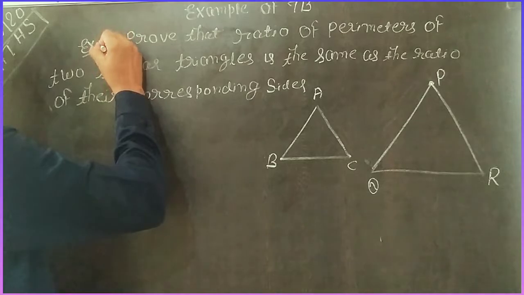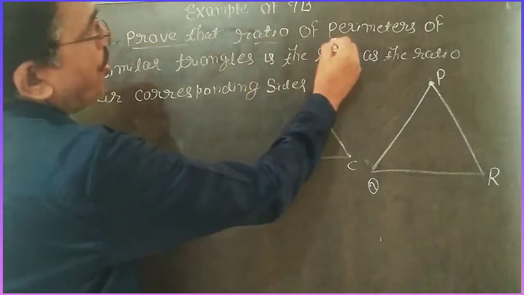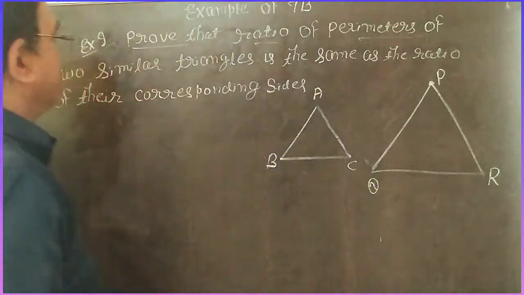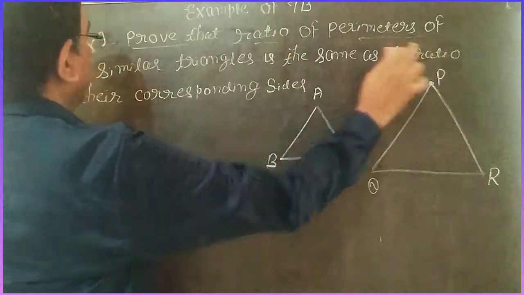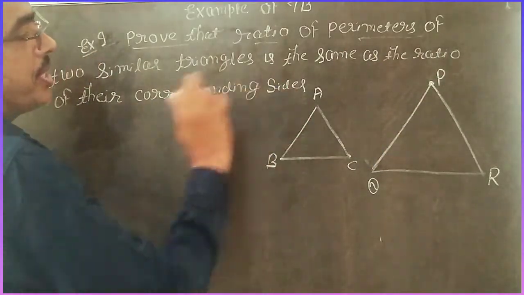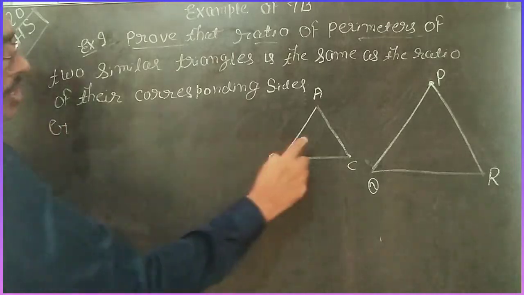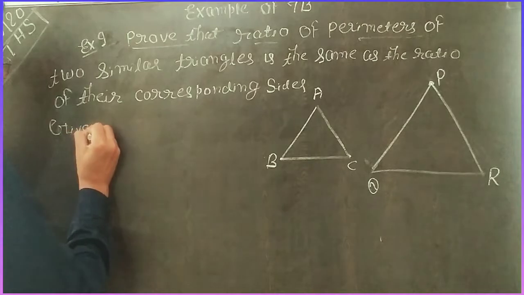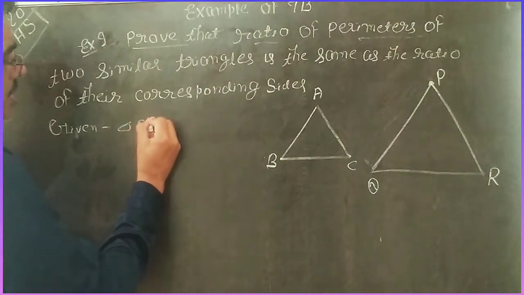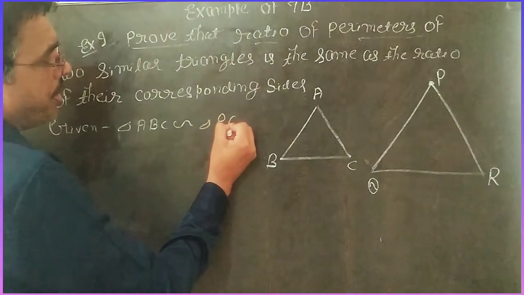Now, Example 7B, question number 9. Prove that the ratio of the perimeters of two similar triangles is the same as the ratio of their corresponding sides. Dear students, here these two triangles are already similar. So in the given you write: given triangle ABC similar to triangle PQR.